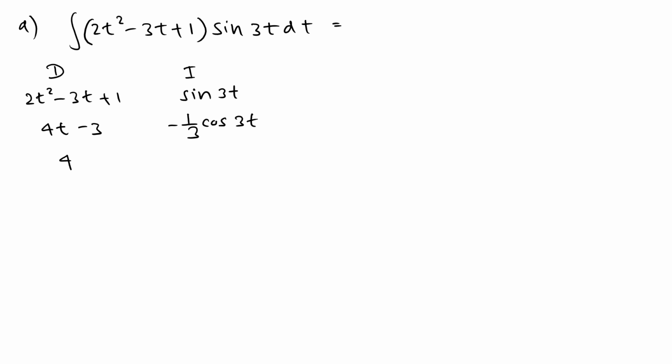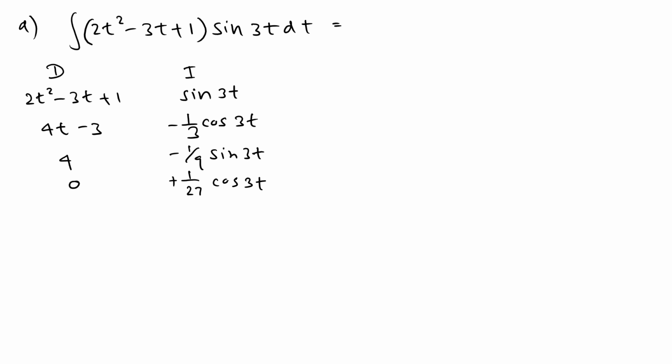Take the integral again. So the cosine, that means you divide by 3, so negative 1/9 sine 3t. Take the derivative, 0. Now you divide by negative 3, so it becomes positive 1/27 cosine 3t. Okay, those are the terms.